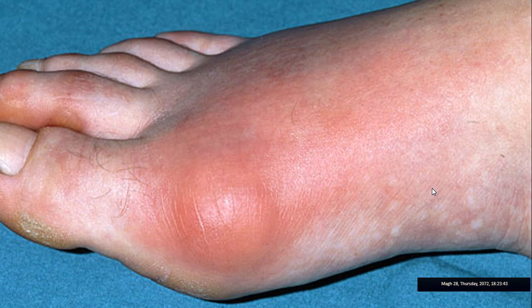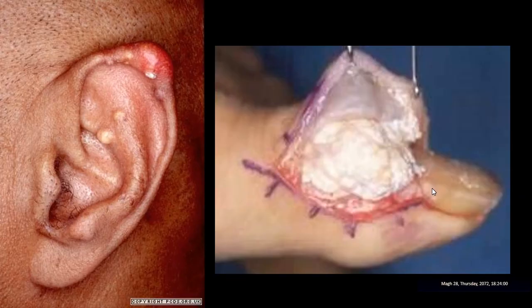This is one gentleman presenting with acute gout at this first metatarsophalangeal joint. Again, the other gentleman on left foot, and these are the manifestations of chronic form of this disease.